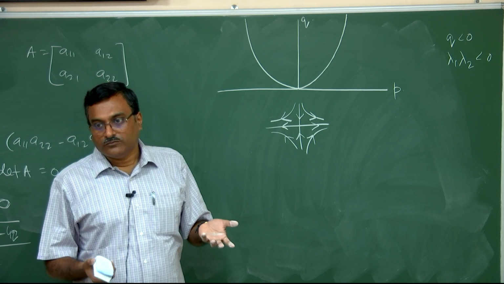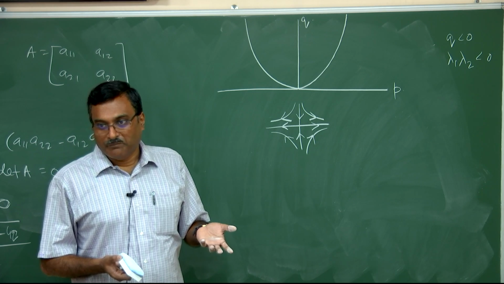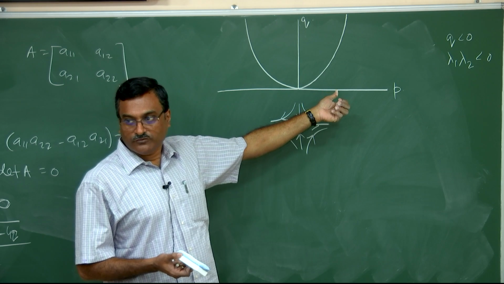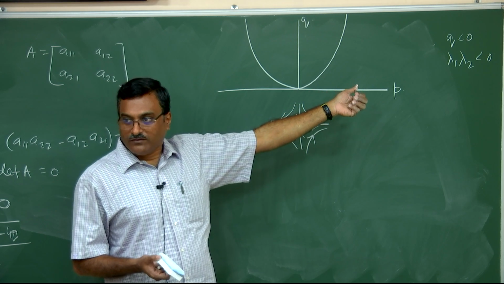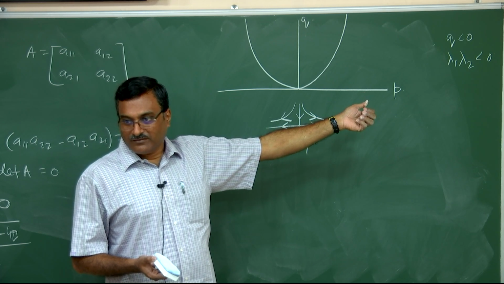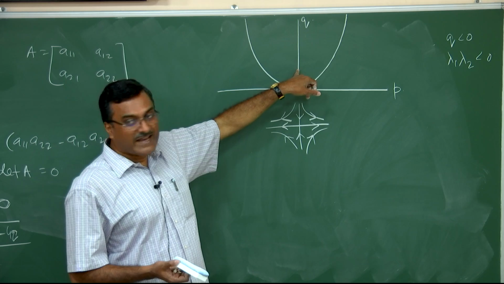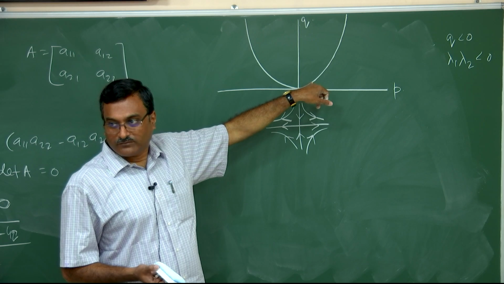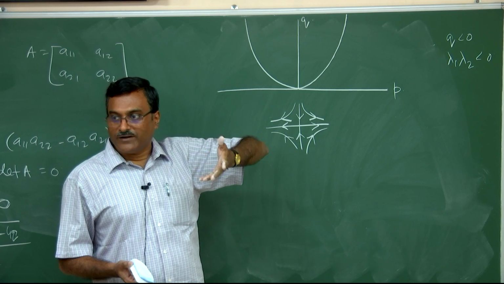How can you convince yourself? If you take one point on the p axis, that is (1, 0), what is p square minus 4q at (1, 0)? That is 1, which is greater than 0, right? Similarly, if you choose a point inside this domain, say (0, 1) on the q axis, then p square minus 4q is minus 4, which is less than 0.